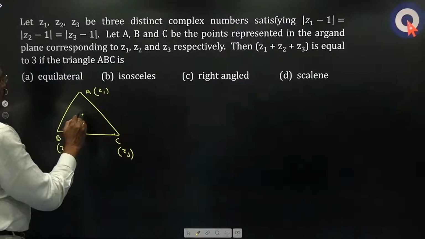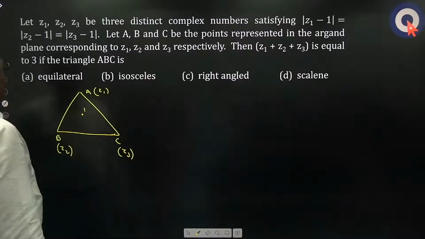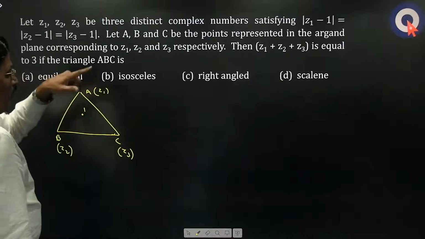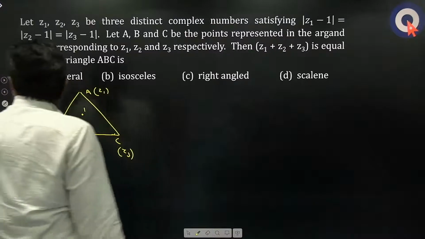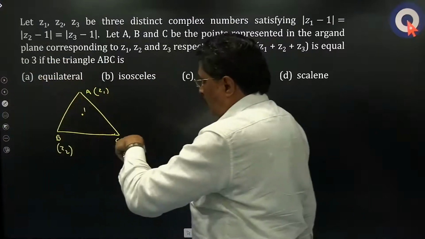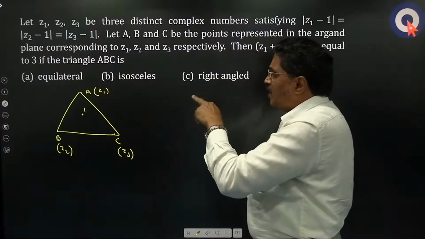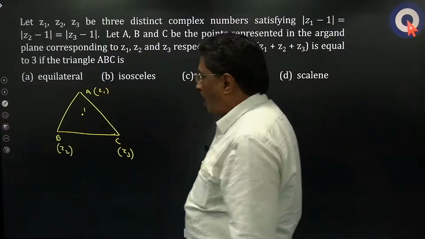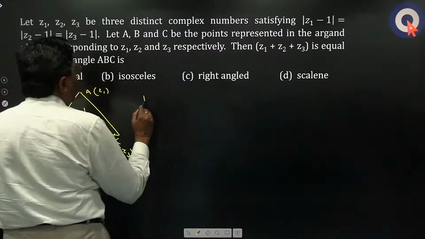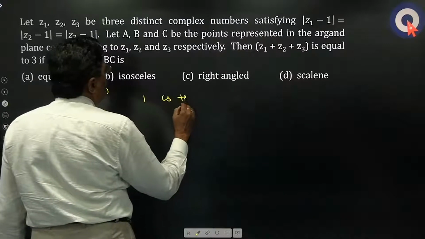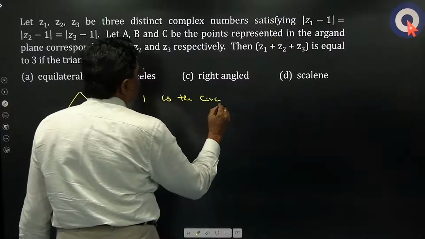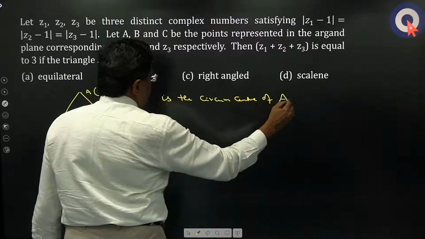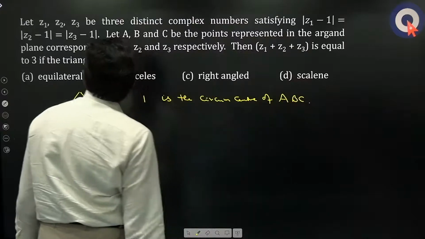And there is a point 1, let us say. Now it is given that the distance from Z1 to 1, that is mod Z1 minus 1, is equal to the distance from Z2 to 1, that is mod Z2 minus 1, and the distance from Z3 to 1, that is mod Z3 minus 1. These three are the same. So obviously 1 is the circumcenter of ABC. All right.